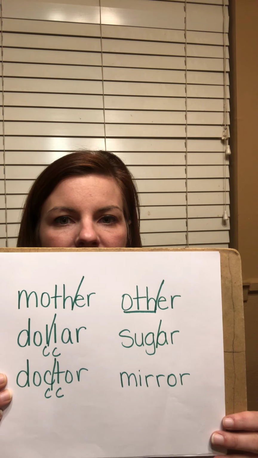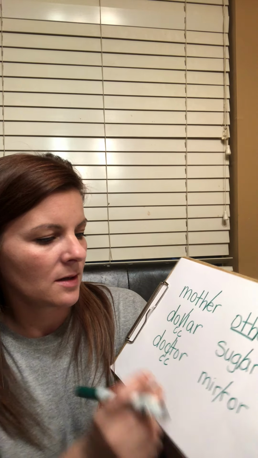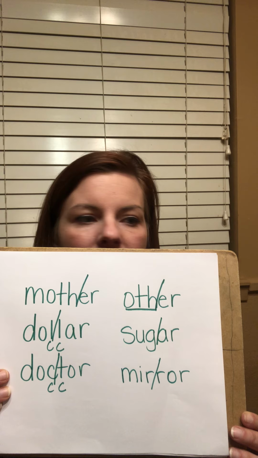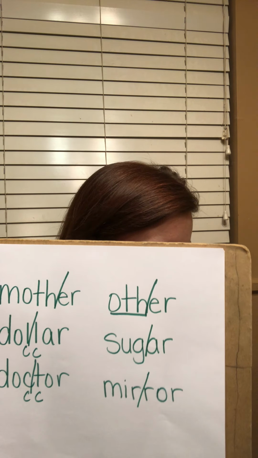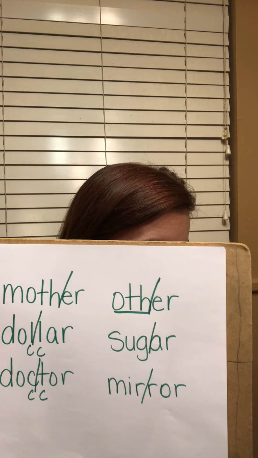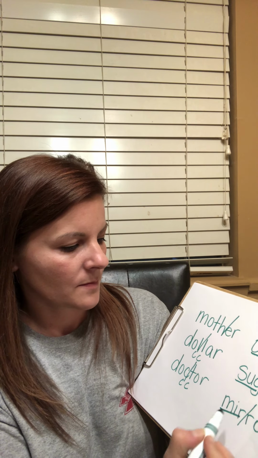Figure out where to divide your syllables. Yes, we have those two consonants right there, so we're going to divide our syllables right between the two consonants. Okay? And in each of these words, the first syllable is the accented syllable. Those will all be accented.